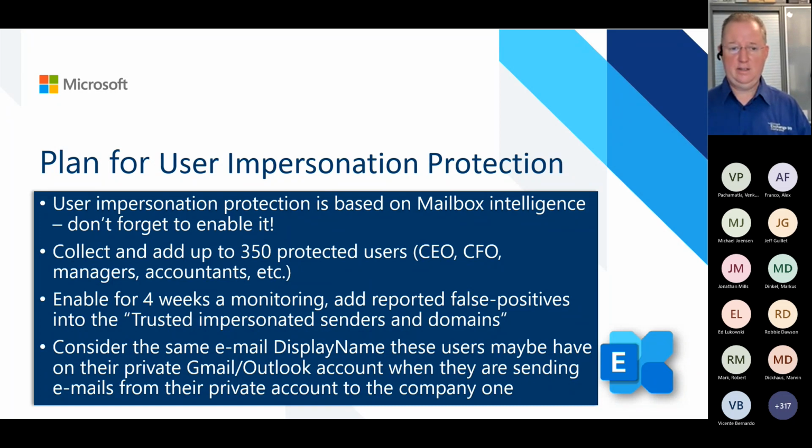So it's really recommended, in order to implement user impersonation protection, to enable it for at least 4 weeks in a monitoring way, and then add the reported false positives into the trusted impersonation senders and domains. At least then you get around that.